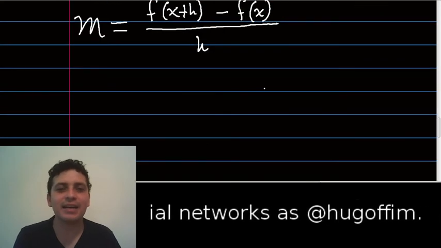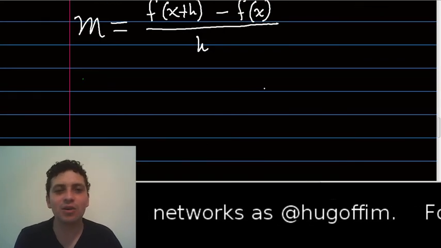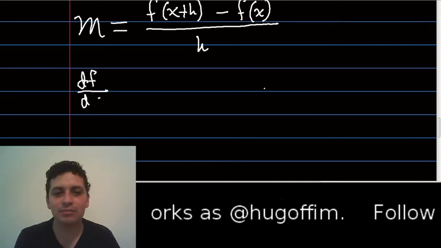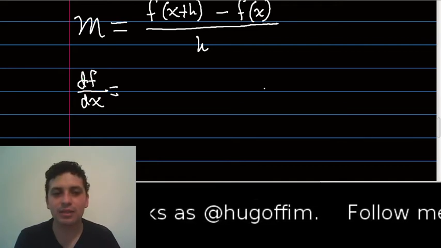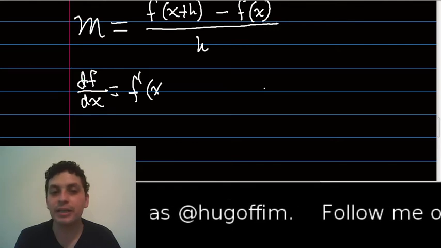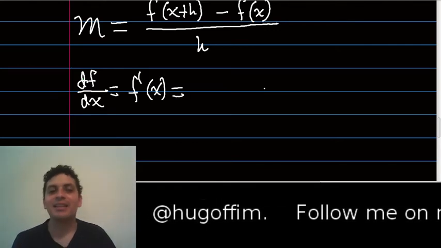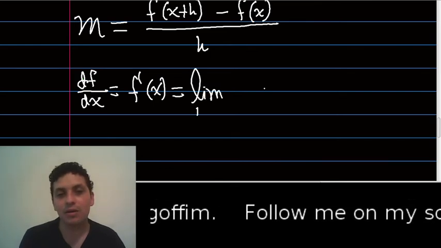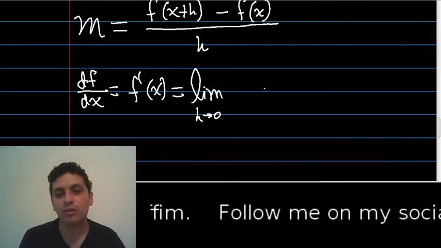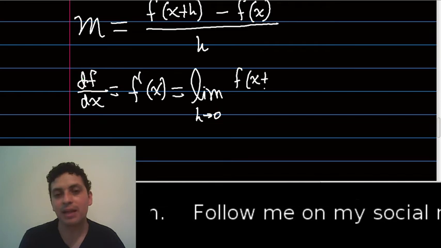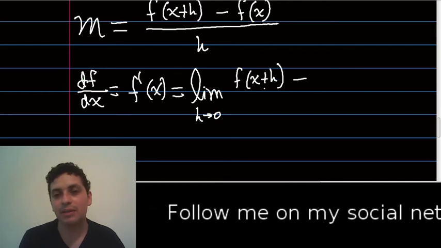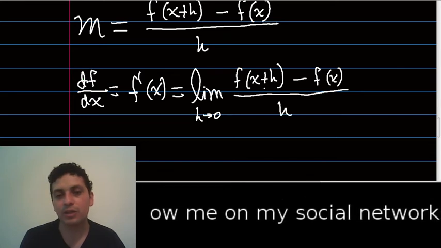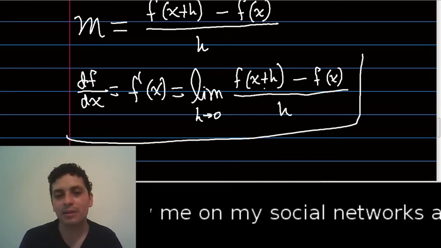The tangent is what's called the derivative of the function. This could be the notation, or this. The derivative is just going to be the limit as h goes to 0 of f(x plus h) minus f(x), over h, and that will be the derivative of the function.